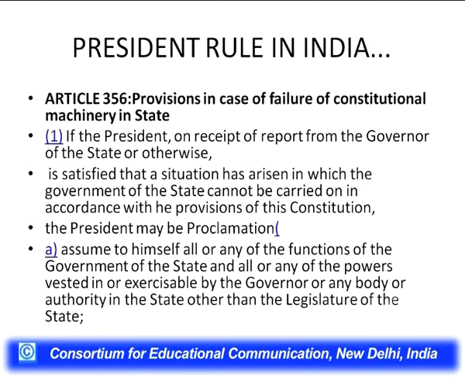So here he has been given the power to assume to himself any of the powers vested in or exercisable by the Governor or any body or authority authorized by him in the state. This is the first thing which the President can do under Article 356 clause A of the Constitution.